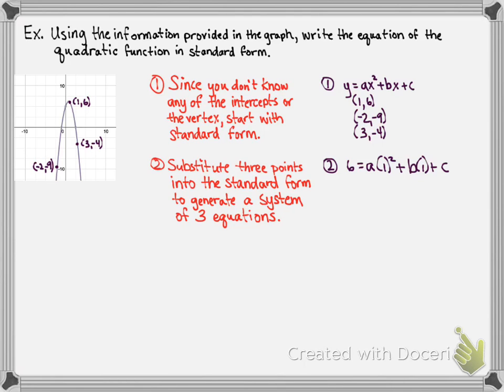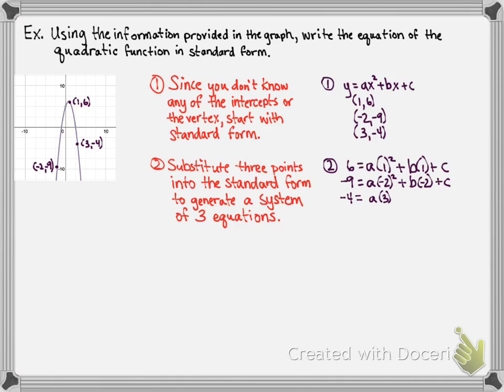So I get 6 equals a(1) squared plus b times 1 plus c. Second one, I substitute in negative 2 for x and negative 9 for y. I get negative 9 equals a times (-2) squared plus b times negative 2 plus c.